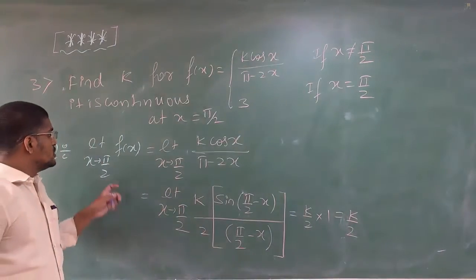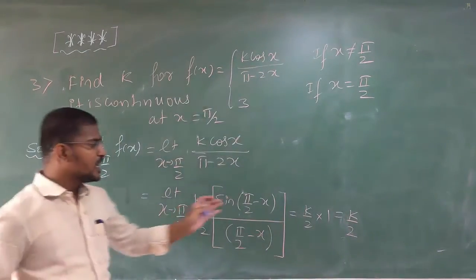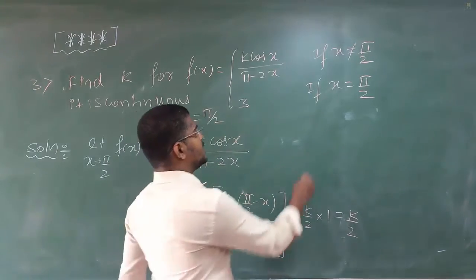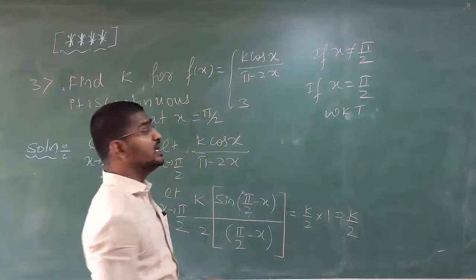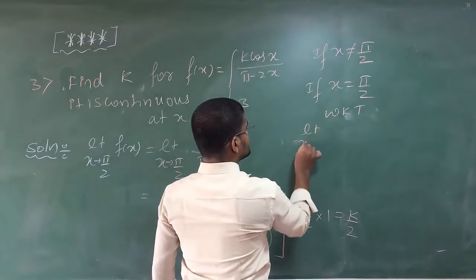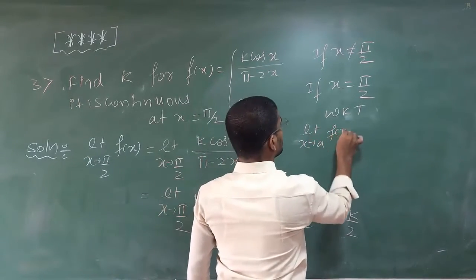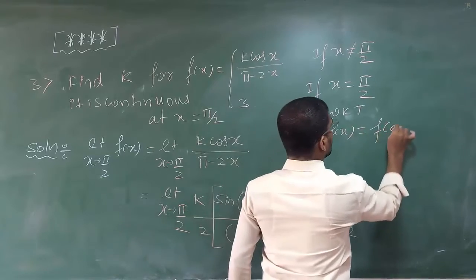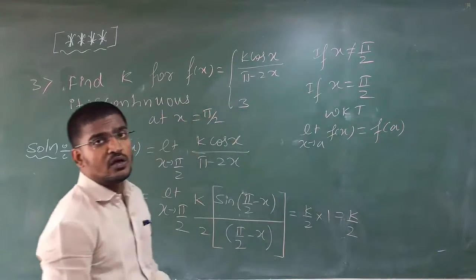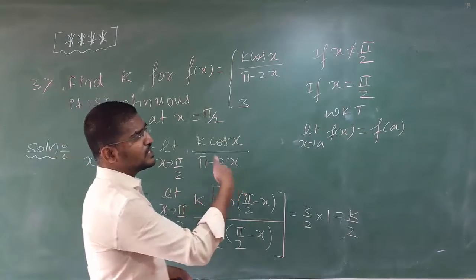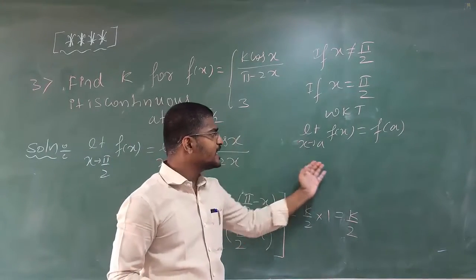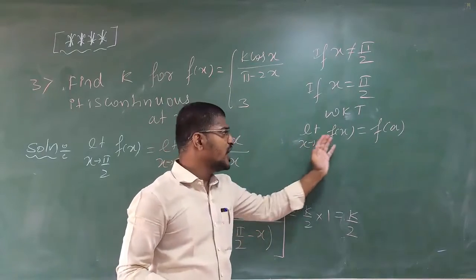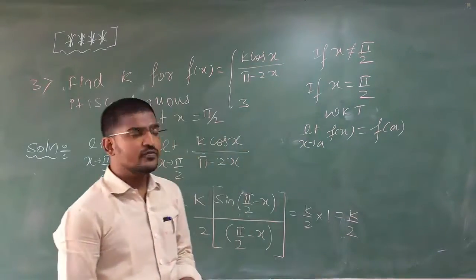Clear? After getting k by 2, we know that from the definition of continuity, the limit as x tends to a of f of x is equal to f of a. This thing we know. In the previous problem we wrote LHL, RHL and f of a. But here we are directly writing the limit as x tends to a of f of x equal to f of a.